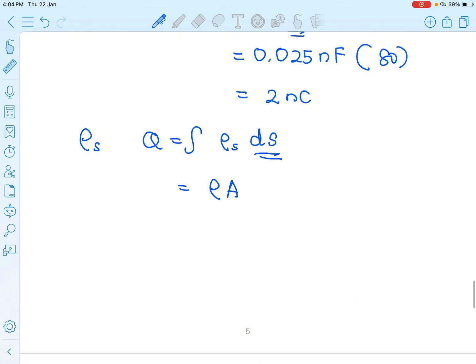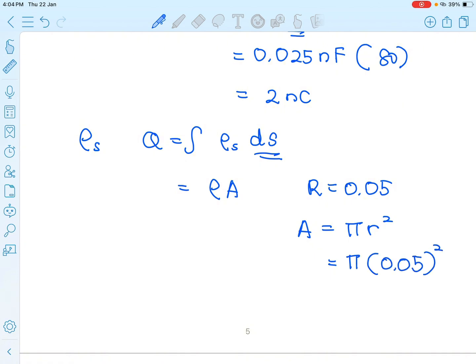The R is 5 cm, so it's 0.05. We can find the area by using these equations, so 0.05 multiplied with pi multiplied with 0.05 square.